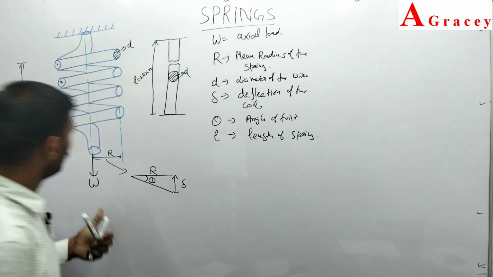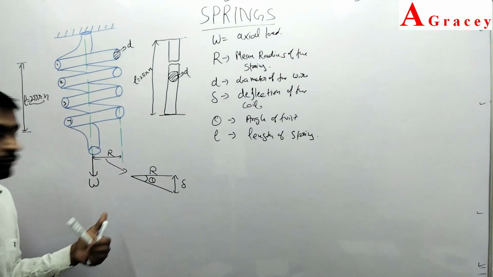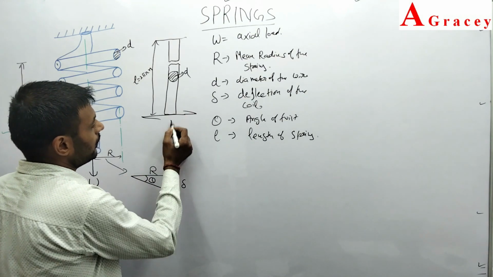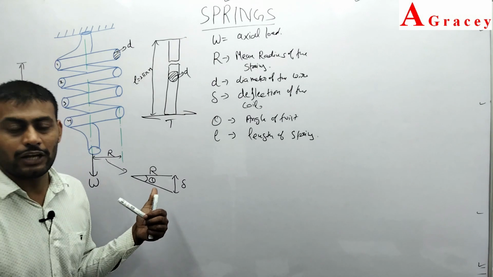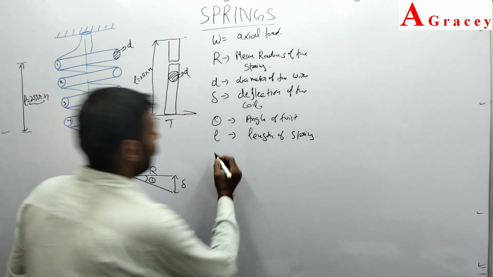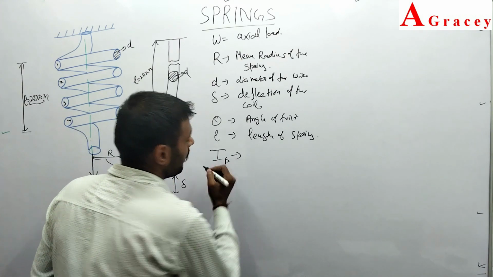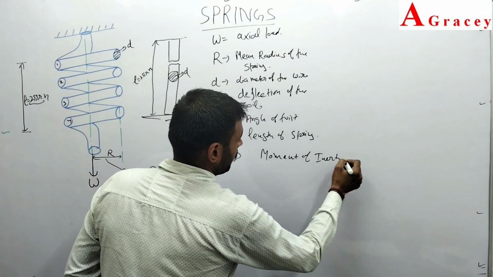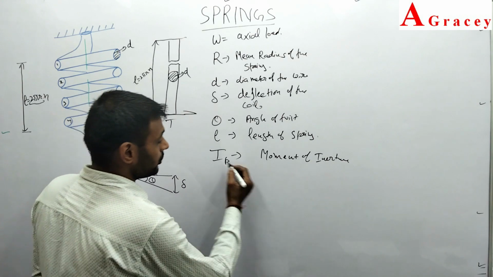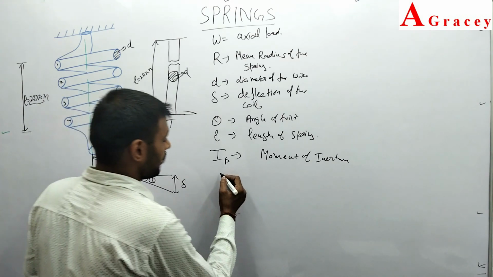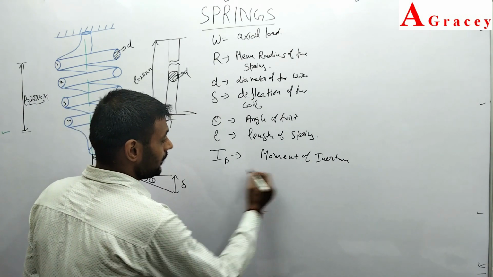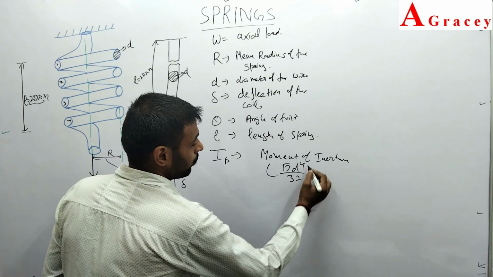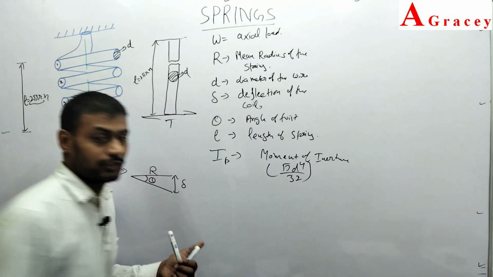One more thing: due to the loading condition, at twisting, a torque T is produced. Due to the torque T, the polar moment of inertia within the spring, which is a circular section, is IP, and it will be taken as pi d to the power 4 upon 32. Is it clear?